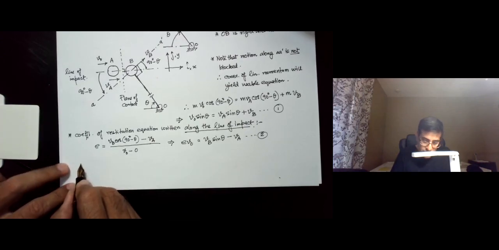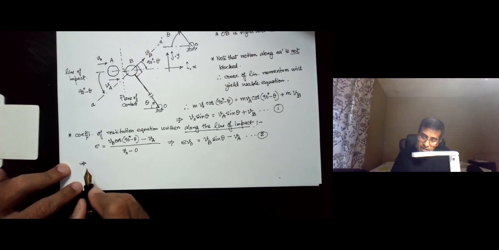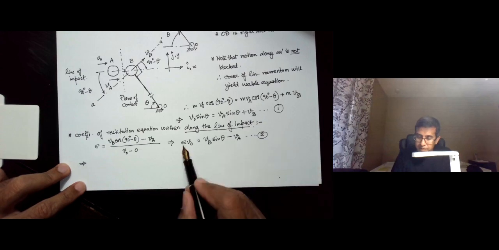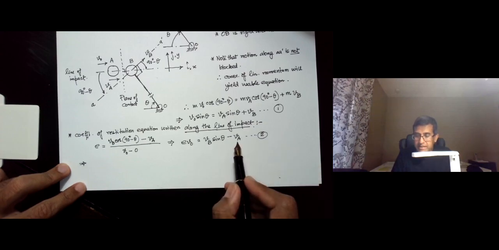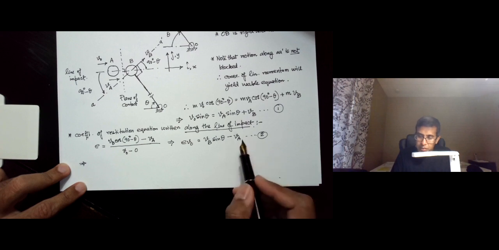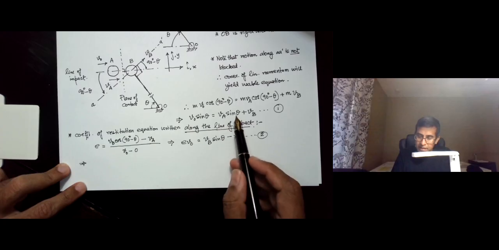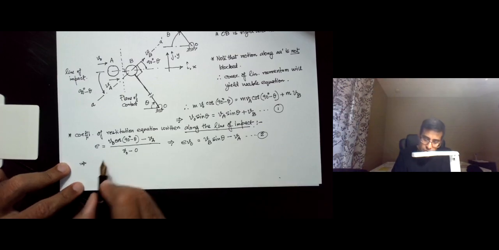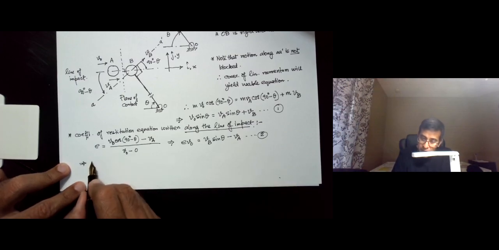From 1 and 2 we have, let's see, if we multiply equation 2 by sine theta and add it to equation 1, then what we are going to get is VA sine theta in equation 1 will cancel with minus VA sine theta in equation 2. So we will have VB left.